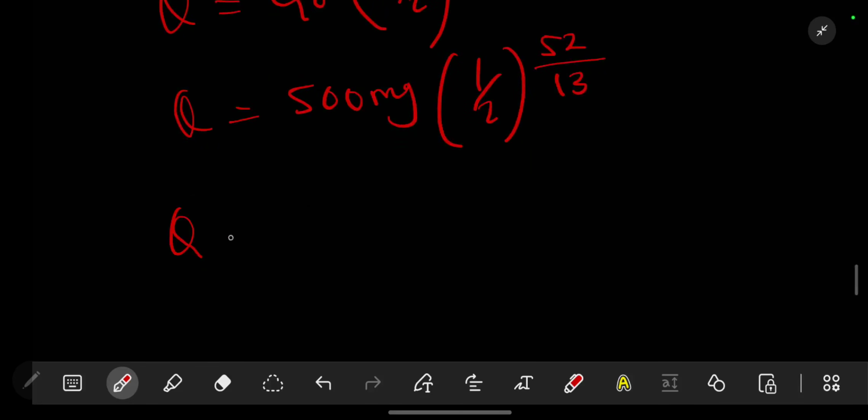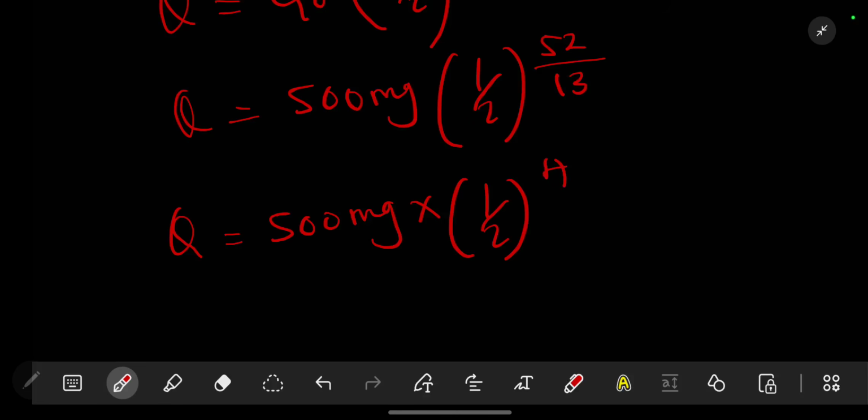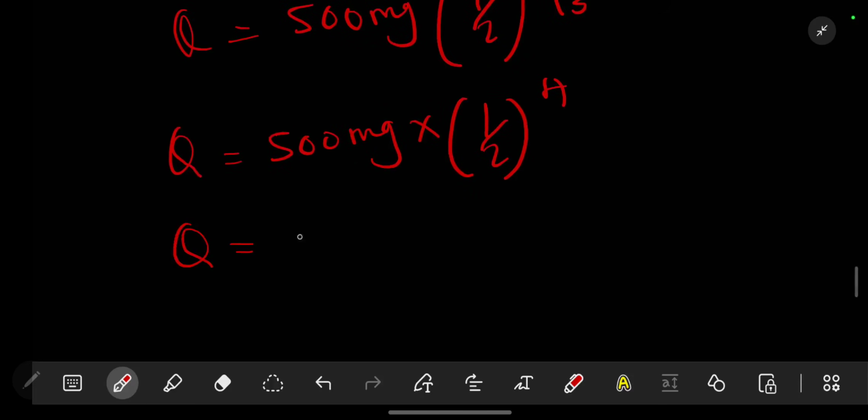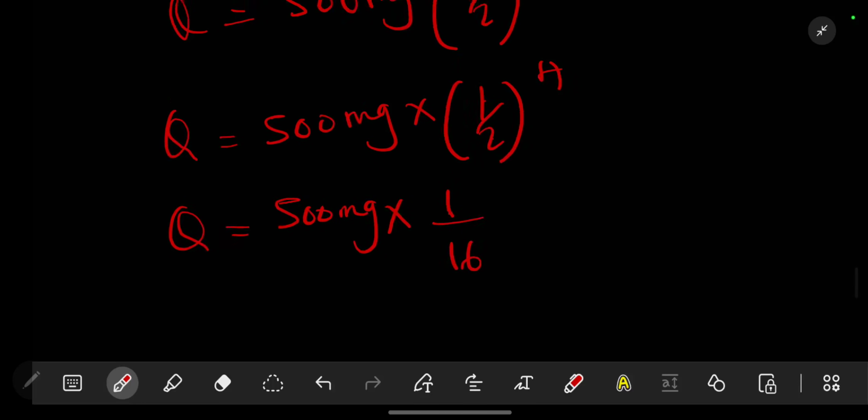So we have Q should be equal to 500 milligrams, then multiplied by half. 52 divided by 13 will give us a 4, like that. So Q should be equal to 500 milligrams, then times 1 to the power 4 is 1 over 2 to the power 4 is 16.